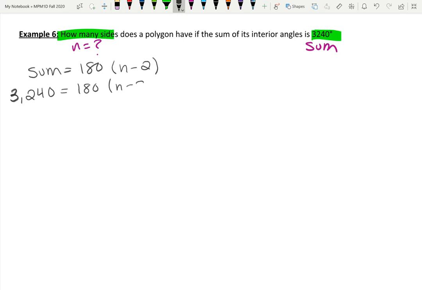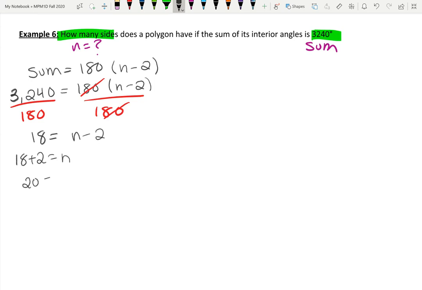I'm trying to find n. So I'm going to divide both sides by 180 to eliminate that 180 on the right side. Okay, so therefore this polygon has 20 sides.